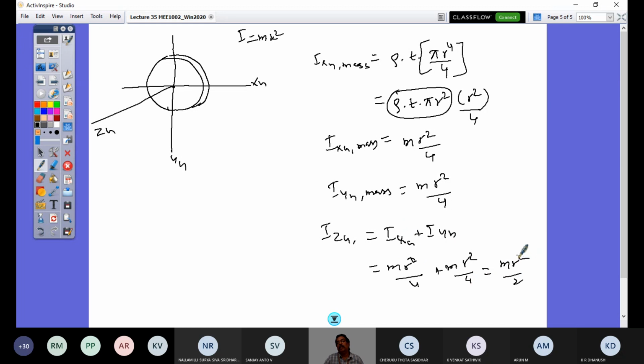So you should remember this. If I have a circular disk rotating about its perpendicular axis, like appearing in this picture, then the rotational inertia is mr squared by 2. So this again you are able to derive from the relationship between mass moment of inertia and the area moment of inertia.